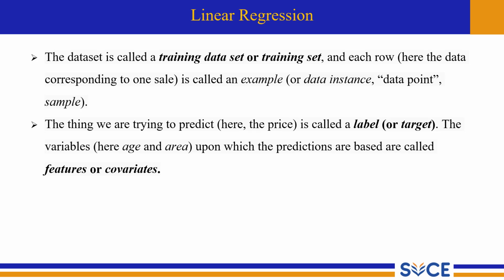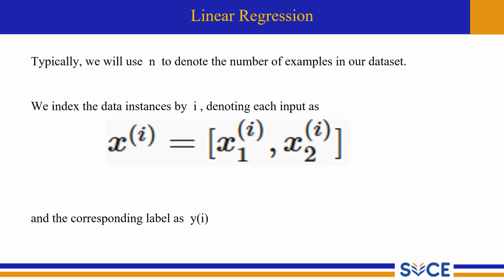These features serve as the input to the model and play a crucial role in determining the output. In most cases, we use the symbol n to represent the number of examples or data points in our dataset. Each data instance is typically indexed by i, where i ranges from 1 to n.